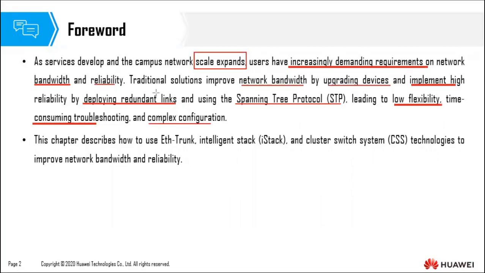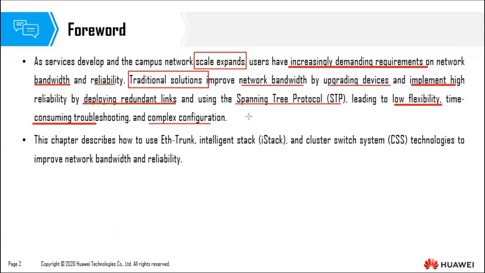So those are the disadvantages of the traditional solutions. In order to improve bandwidth, you have to upgrade devices. To implement high reliability, you deploy redundant links and use STP. Low flexibility, time consuming to troubleshoot, and complex configuration.